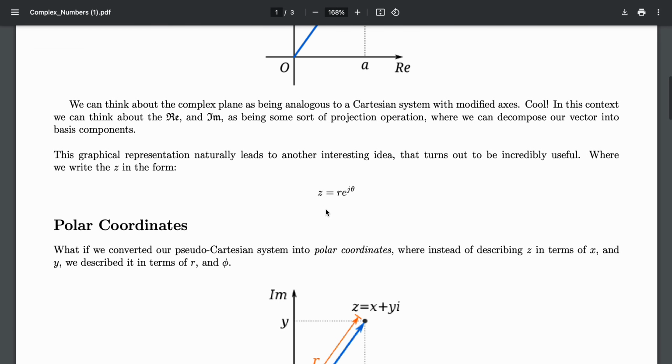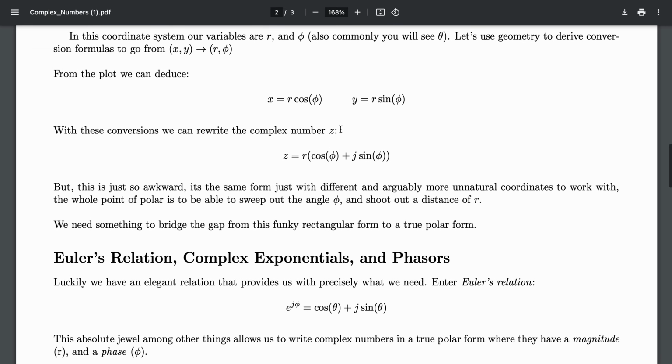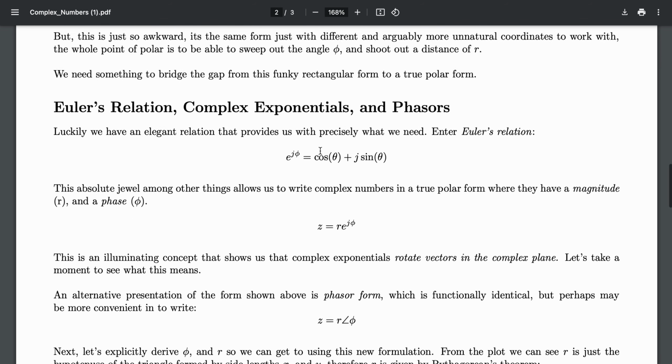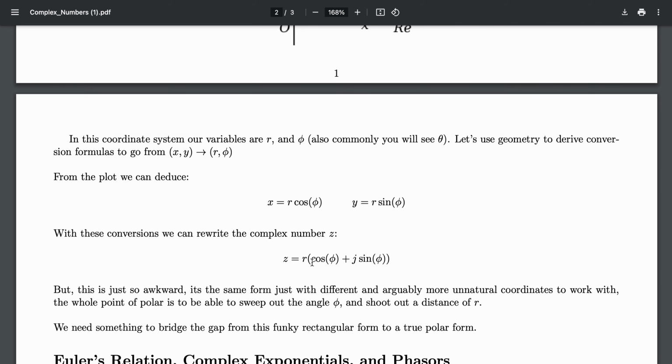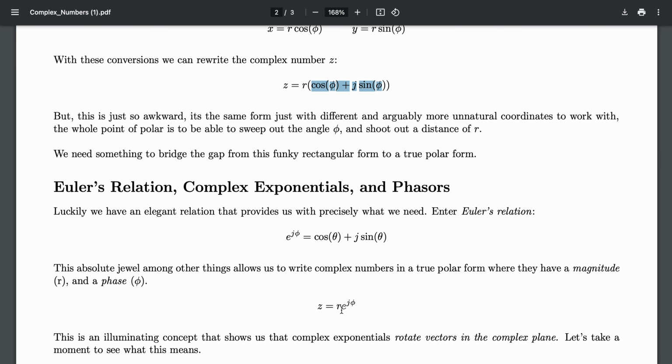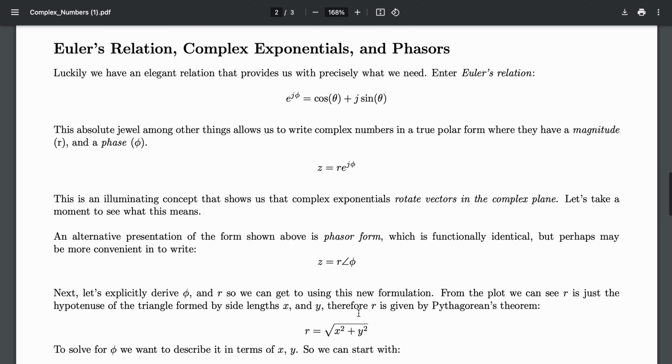We alluded to it here, but now we've built the foundation, and hopefully this should make a little bit of sense. Because in the previous step, we got this equation here just with an r in front. So it's not a big leap to see that we can just replace the highlighted part here with the other side of Euler's equation.